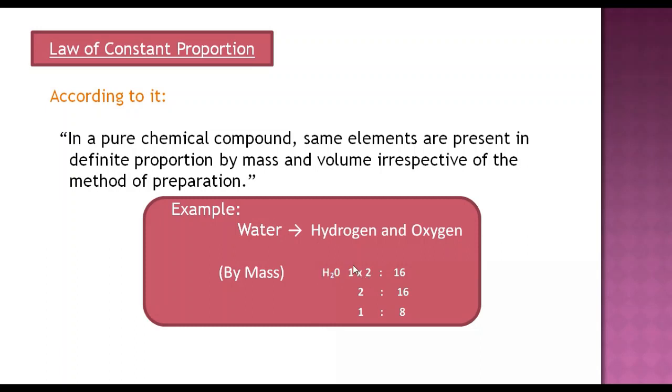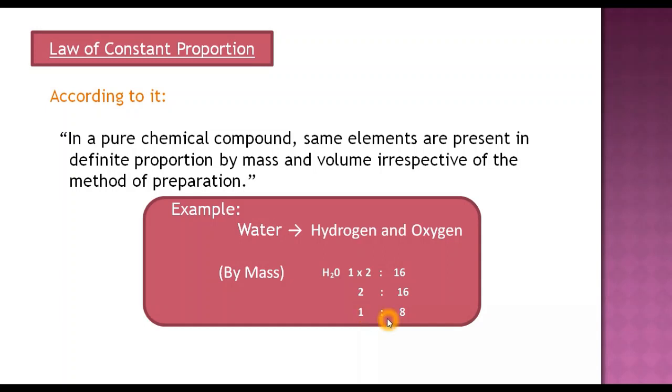The mass of one hydrogen atom is 1, but here we have two atoms of hydrogen, so multiply by 2. Then the mass of an oxygen atom is 16, and here it's only one oxygen atom, so we will write 16 here. Now 1 times 2 is 2, 16 is as it is, and when you do cancellation, you will get 1:8. So the proportion of hydrogen and oxygen is 1:8.